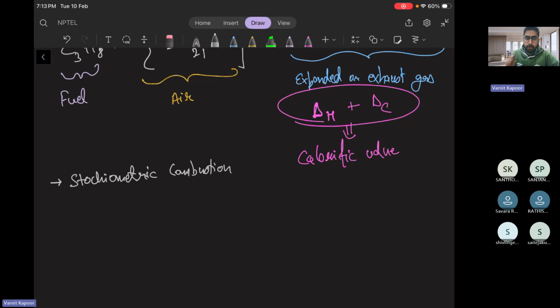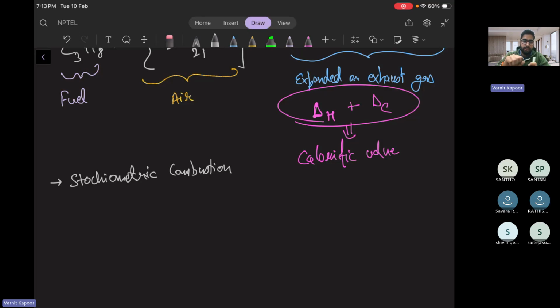That means when you are pedaling your car or accelerating your two-wheeler, you are doing it gradually, not suddenly. Then only a proper stoichiometric combustion will happen. That is, the right amount of fuel and the right amount of air will get mixed and sucked into the cylinder during the suction stroke.